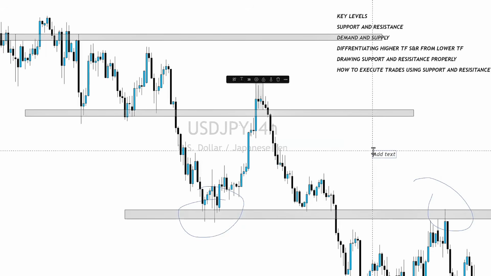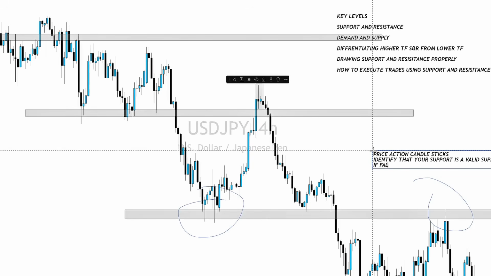Okay, so you want to focus on price action, candlesticks. Then you also want to identify that your support is a valid support.